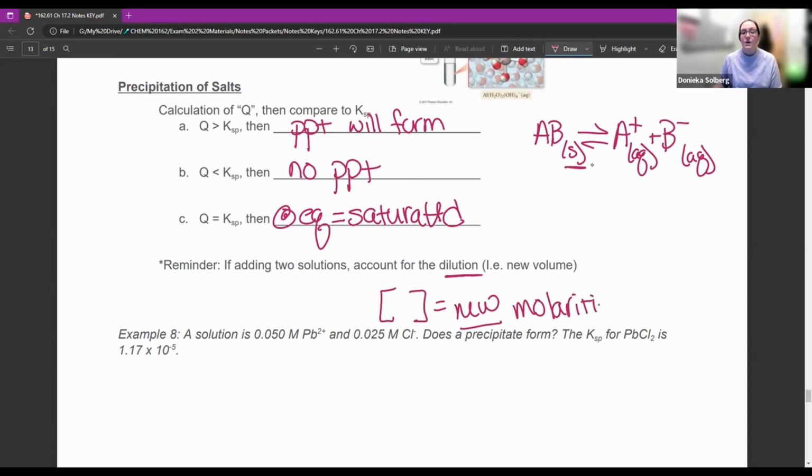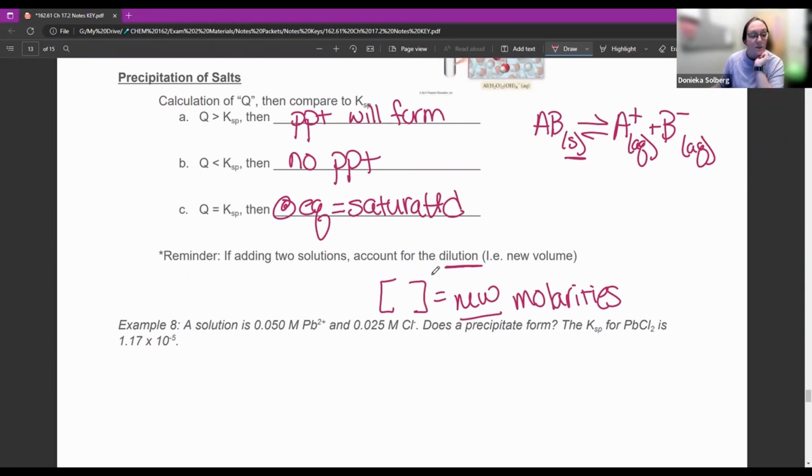So make sure that you use M1V1 equals M2V2, or a lot of the times you can do it in your head, right? If you add 10 milliliters of this and 10 milliliters of this, then you're just going to halve the concentration. But if you're not sure, do an M1V1 equals M2V2 to get those concentrations to use for Q or ICE table or whatever it may be.